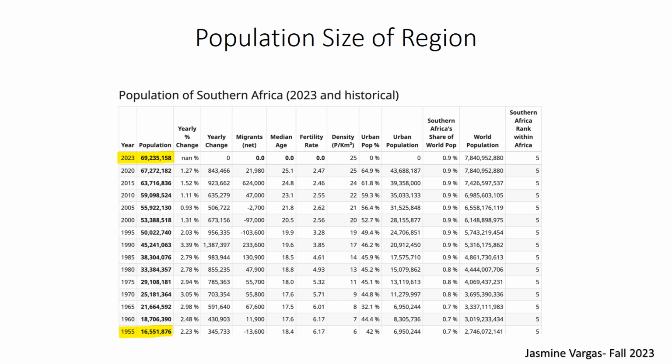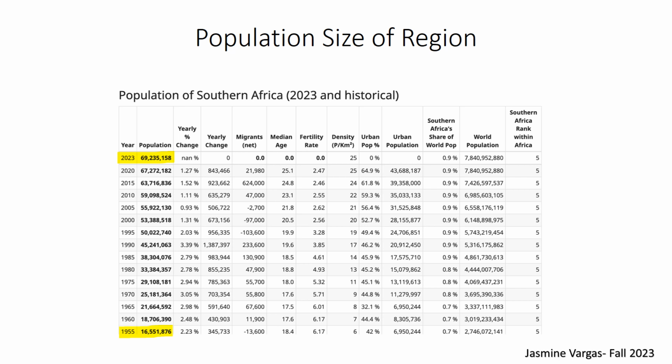You can just see from how it was in 1955 and how big of an increase that we have seen in Southern Africa. By 2050, it is estimated that their population will increase by 0.53%, which leaves them around 85 million people.